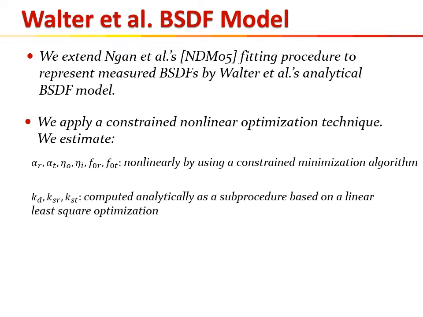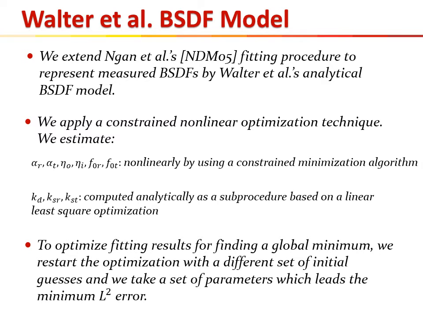Diffuse, specular reflection, and specular transmission coefficients are computed analytically as a sub-procedure based on a linear least squares optimization. To optimize fitting results for finding a global minimum, we restart the optimization with a different set of initial guesses, and we take the set of parameters which leads to minimum least-squares error.